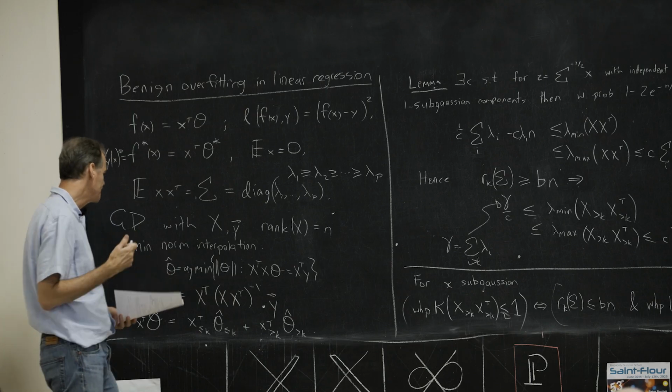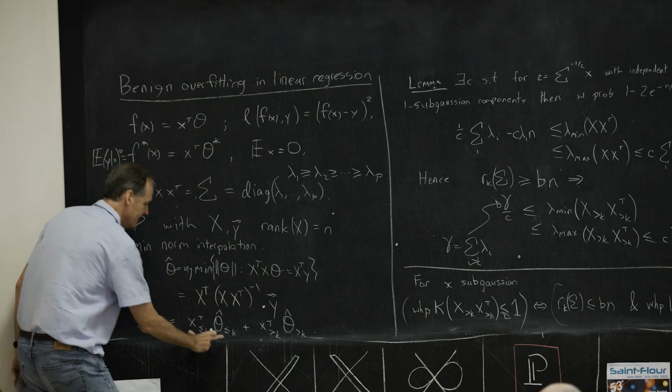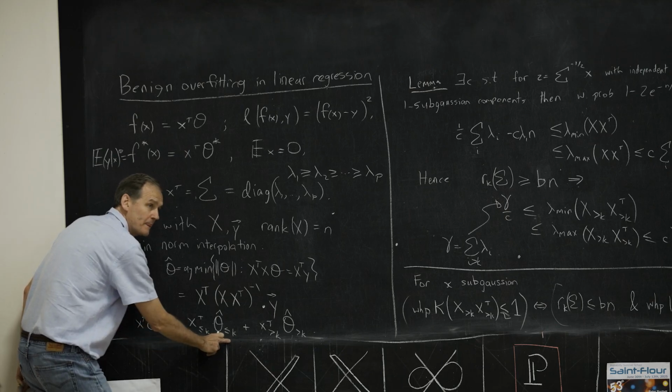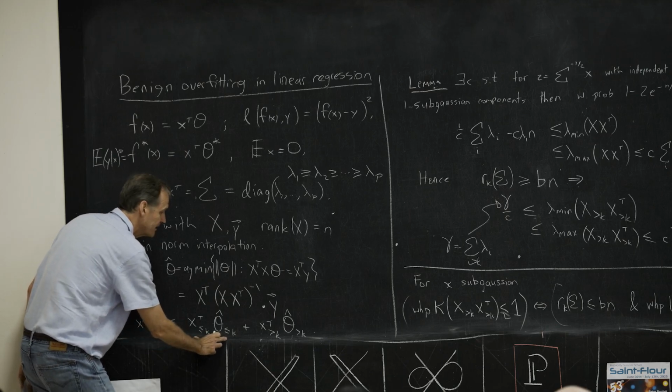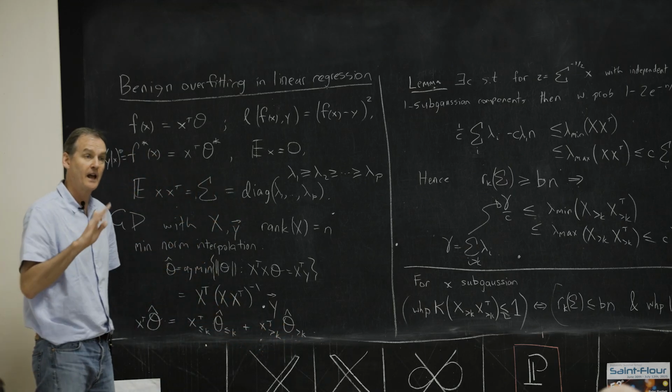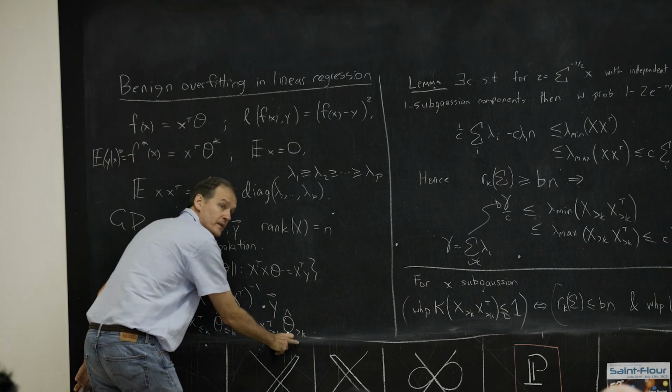Okay, and the intuition that we saw yesterday was here's a piece that's very much like a classical estimate in linear regression. Here's a piece that's going to give us a perfect fit to the training data, and we want that to be innocuous, right?